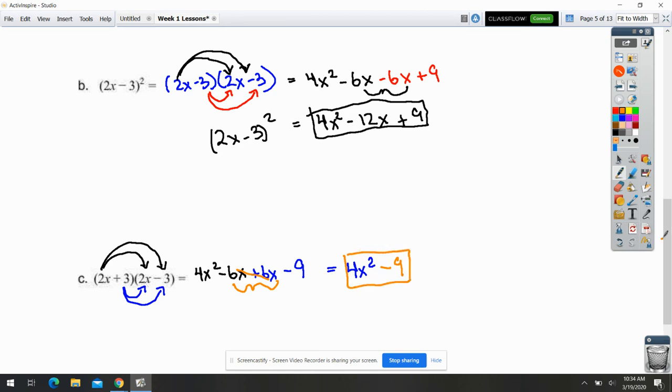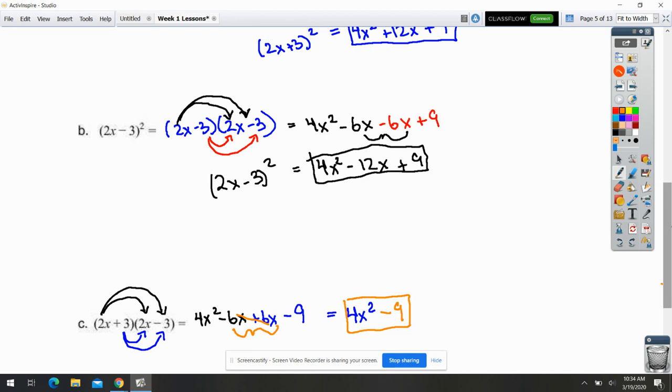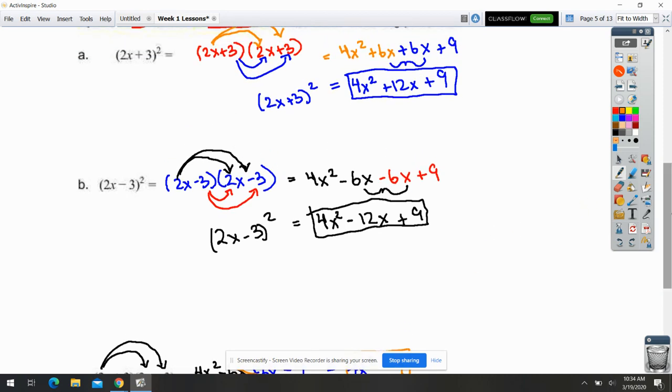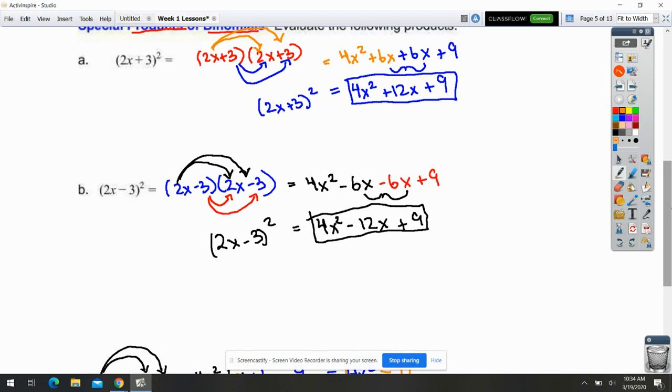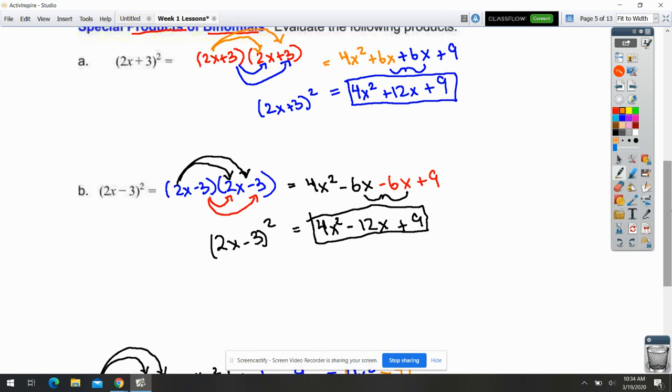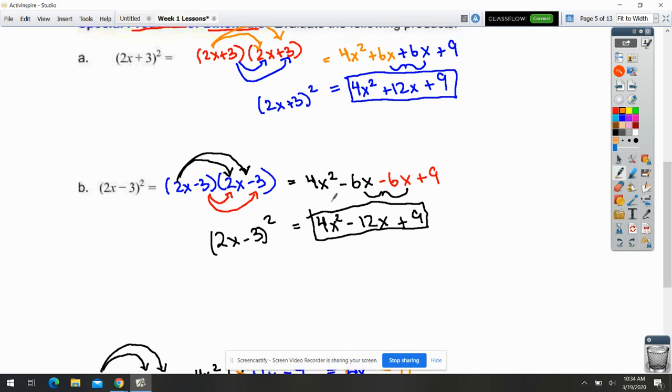Okay? So these are just different special products of multiplying binomials. So when you have the negative 3 inside, you'll get that negative middle term. When you have the positive, they're all positive.